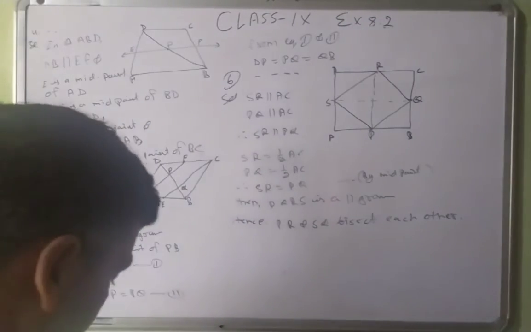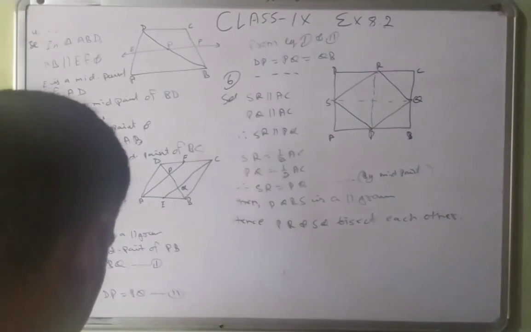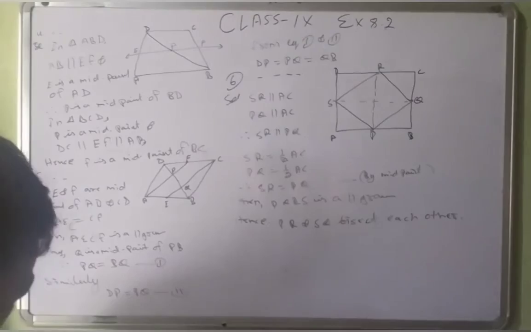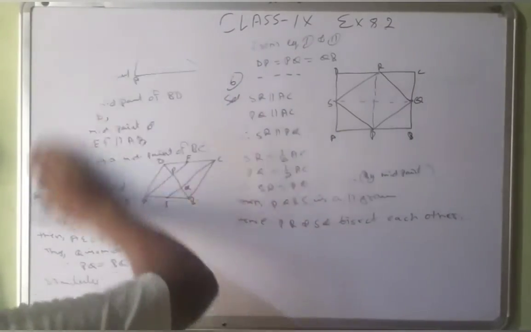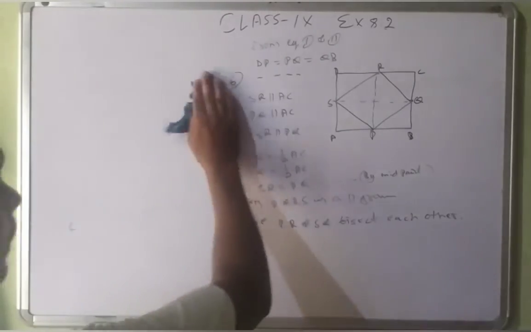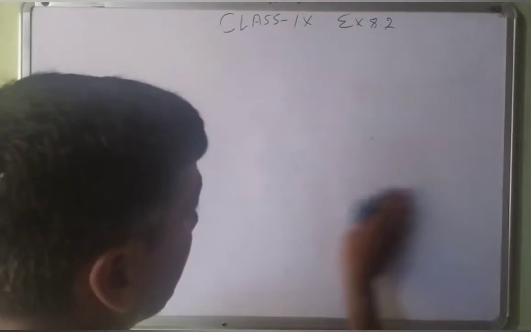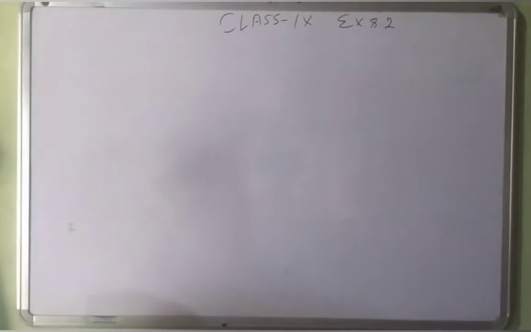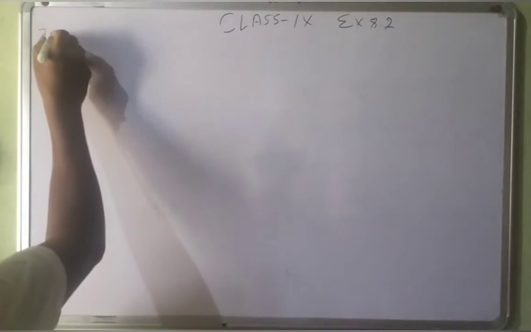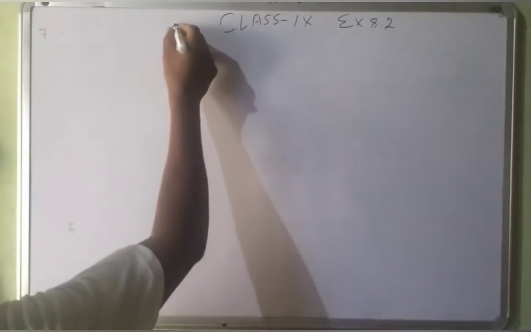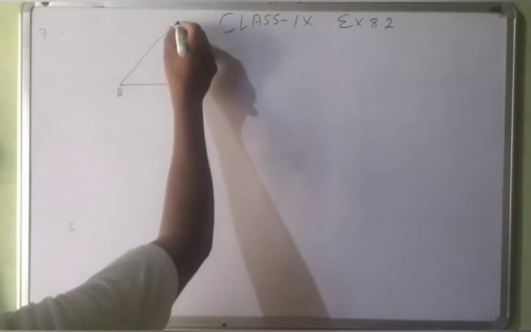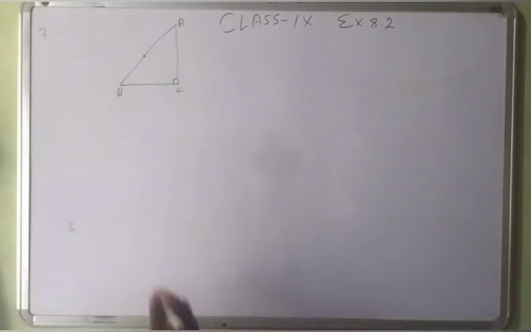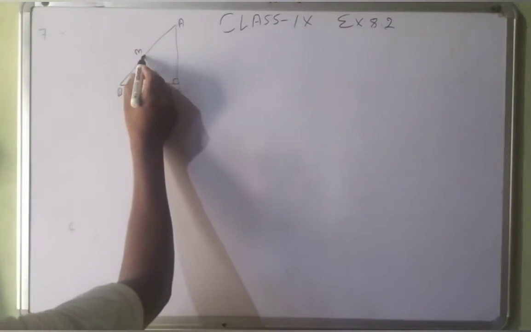And then the seventh question: ABC is a triangle right angled at C. Then the diagram you will draw: B, C, A. This is the 90 degree angle, and then that point, the midpoint, is M, and then the parallel line is also given.